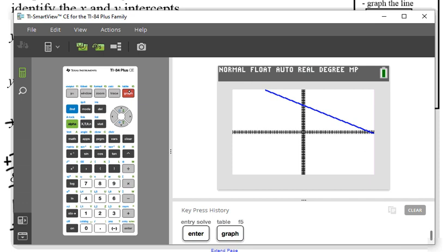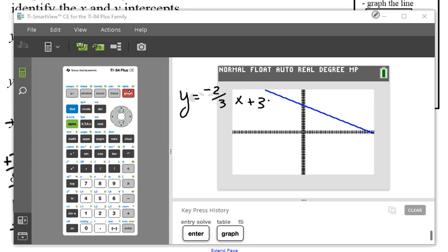Now what's important to understand with this line, -2/3 x plus 32, some of you may have already noticed: for our y-intercept, x equals 0. So if I have -2/3 times 0, it goes away. There's my y-intercept. I know I have to be up at 32.